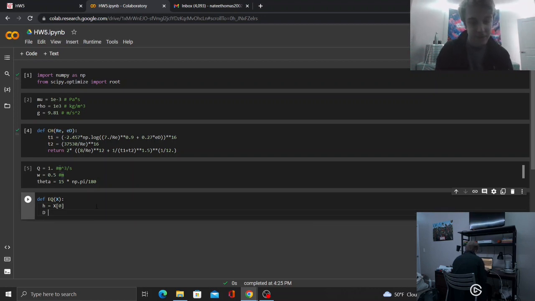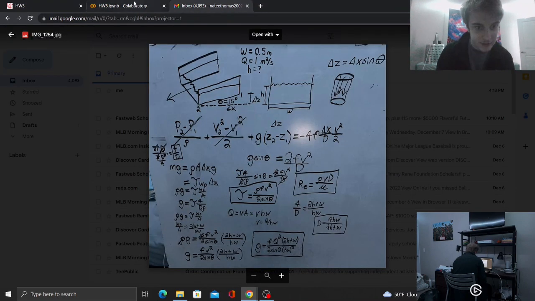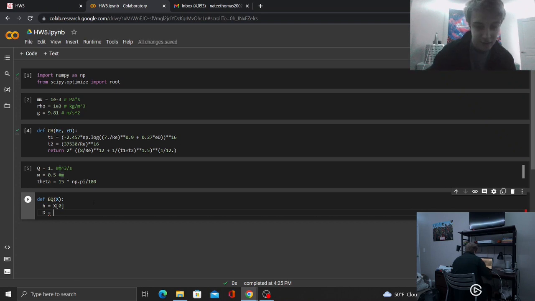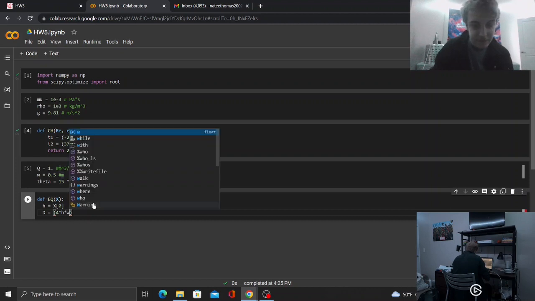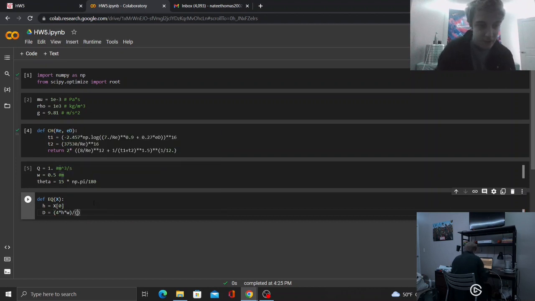And then we also know that our diameter D here is equal to 4 times H times our width W over 2 times H plus W.